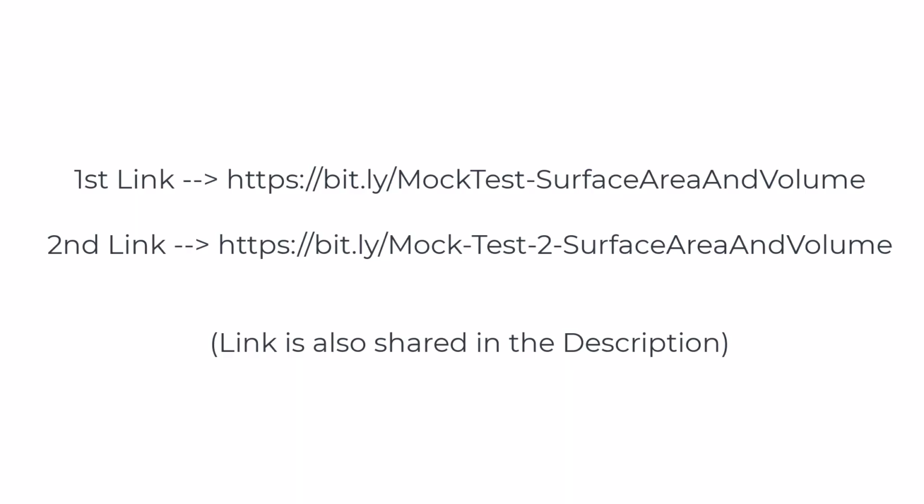So mock test paper 1 will ensure that you get some confidence going, and the second mock test paper has slightly complicated questions. I won't say it is complex, but it is slightly tricky. Some of the questions are slightly tricky, so you should be able to solve all the questions. And the most important thing is you have to see how long it takes for you to solve each question.